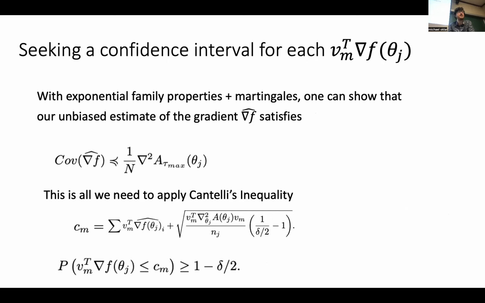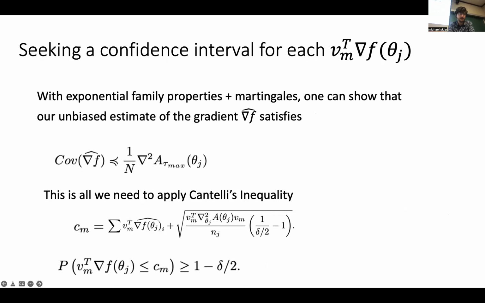And maybe this is kind of a stupid bound, but it gets the job done. We have an unbiased estimator, and all you need is a variance in order to use Chebyshev-Cantelli on this.